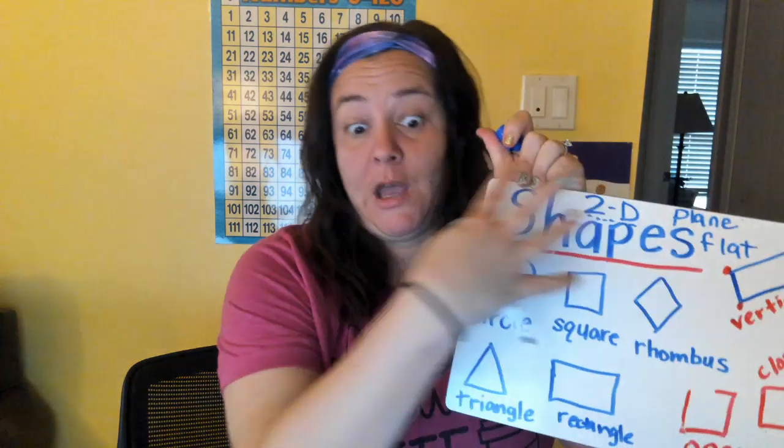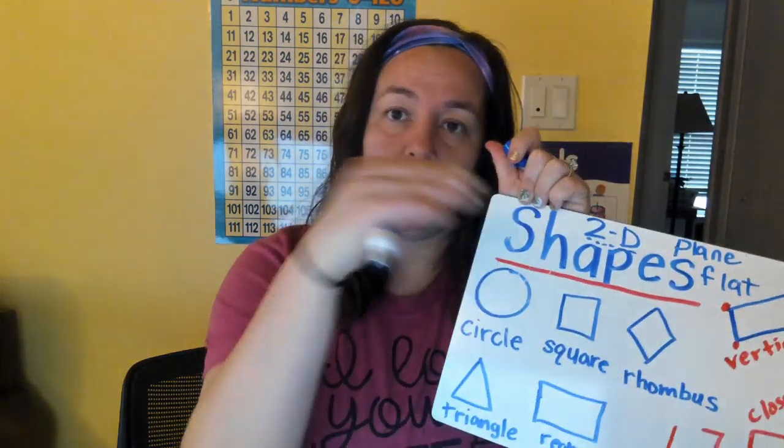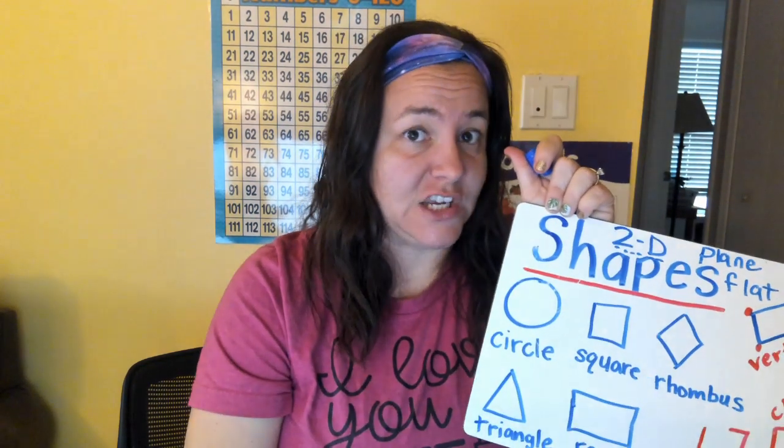Then once we've mastered all the 2D shapes, we're going to go into some 3D shapes, and I'll make another video about that. But 3D shapes are like a soccer ball is a sphere. This eraser would be a rectangular prism. See how it's not so flat like on a piece of paper? It's actually something you can hold and touch. So it's a 3D shape.